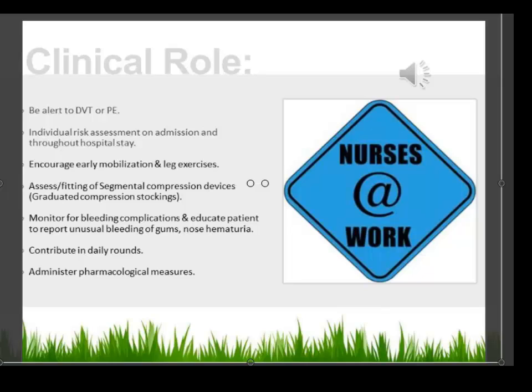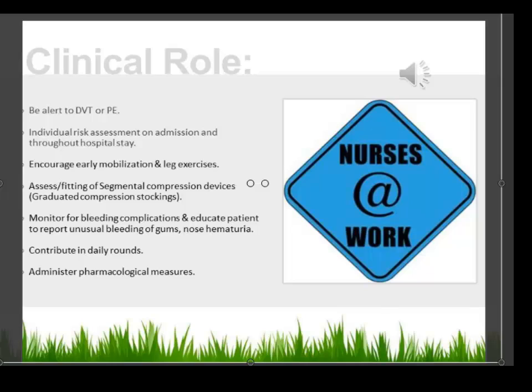We start that assessment upon admission, and we want to encourage patients to do early mobilization, leg exercises, and then of course if we have prophylaxis in place, we want to make sure that the segmental compression devices are fit properly and that they're working properly, and we need to make sure we document when they're on and when they're off.